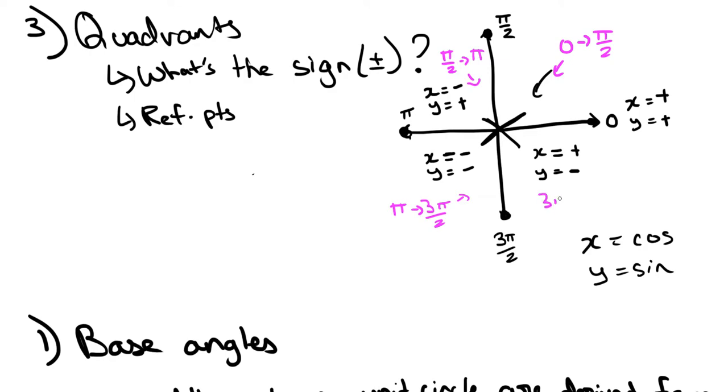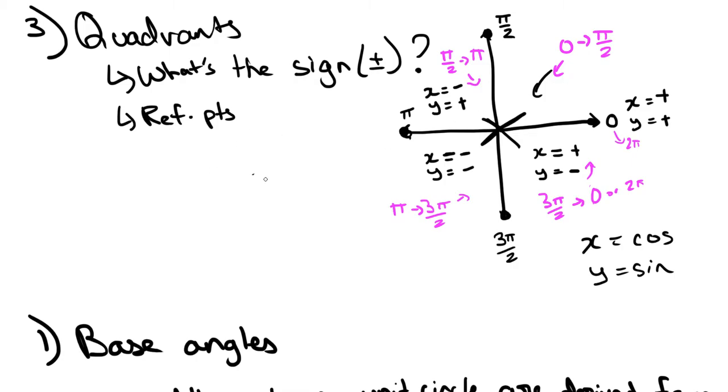And everything from 3 pi over 2 to 0, which is basically the same thing as 2 pi, comes over here. I made a whole video on quadrants as to why that is, and you should know that as well. And now all you have to do is visualize.